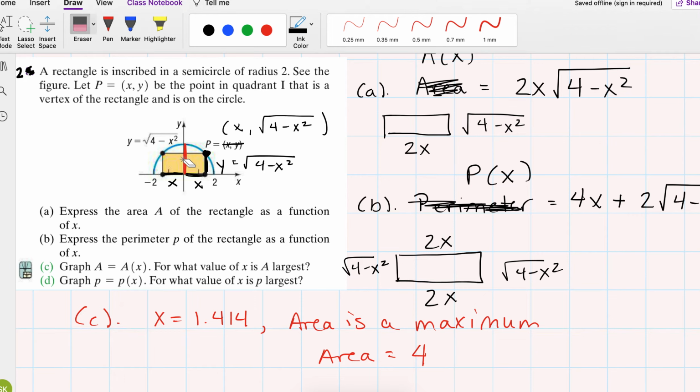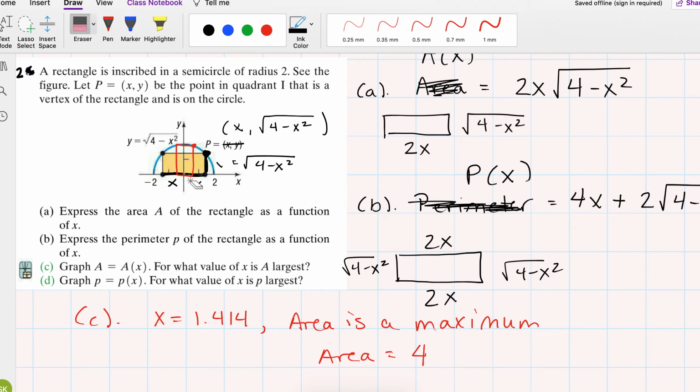And if x was equal to 2, then we would have a straight line here. But by having anything in between 0 and 2, let's say the point P was a half, then you would have a rectangle like this. So this point, by moving it up and down, will change the size of this rectangle, right? If I move it here, this point's going to be here, and we'd have this rectangle.